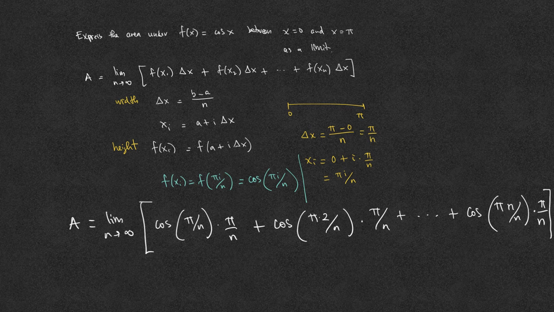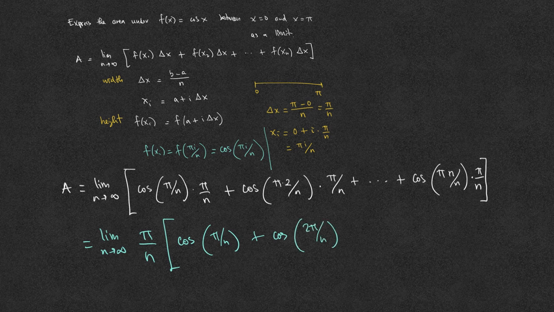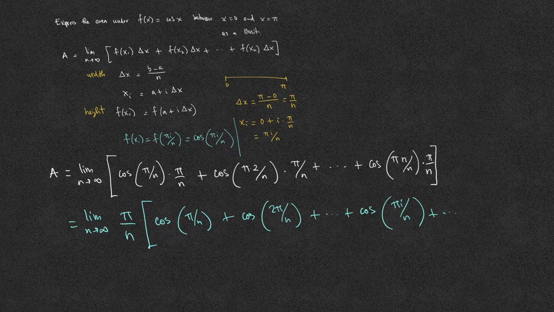All of the widths are pi over n, and so a simpler expression is when we factor out pi over n, the width. We have the limit as n goes to infinity of pi over n times, and then we simply add the heights only: cosine of pi over n plus cosine of 2 pi over n plus ... plus cosine of pi i over n plus ... and the last term should be cosine of pi.